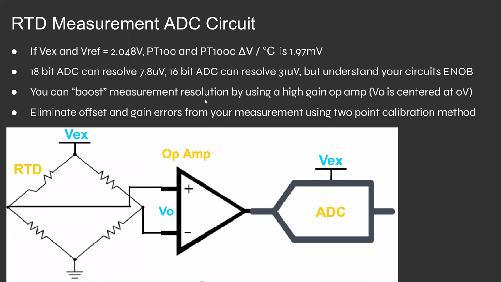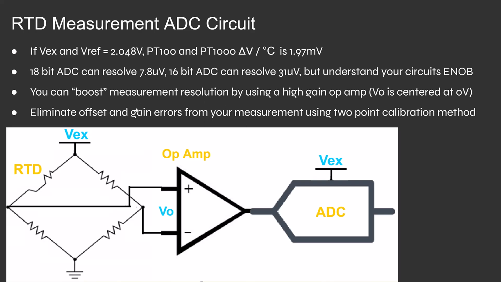Once you're at 0 degrees Celsius, you just go up in voltage or down in voltage. It's easy to provide a high gain to that value since it's centered around 0 rather than it being centered around 1 volt or 2 volts or something like that. So you can easily apply a 10 or 100 times gain to that voltage, and then an ADC with a lower resolution and maybe not as great accuracy can be used to measure it.